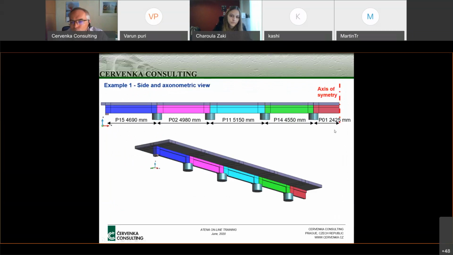Because of that, we are modeling half of this beam, and also always half of the slabs. So this is the model that we developed in ATENA.